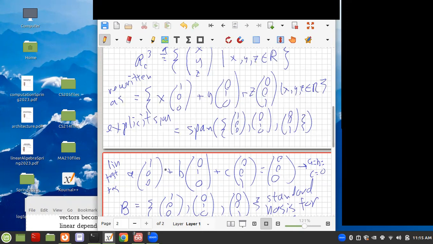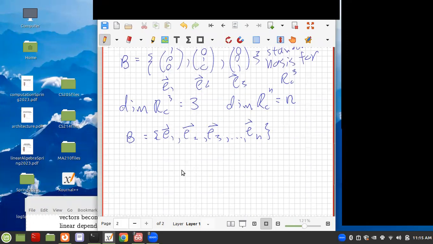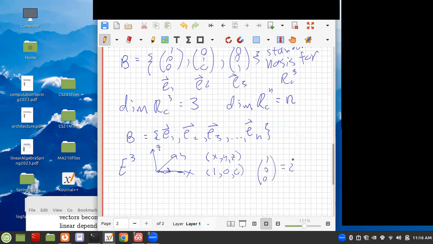Now, if I was to look at the correspondence in E3, which is the Euclidean space with x, y, and z coordinate axes, then you would have triples of numbers, like x, y, and z. The length one vector, which we're writing as 1, 0, 0, usually gets the name i hat.